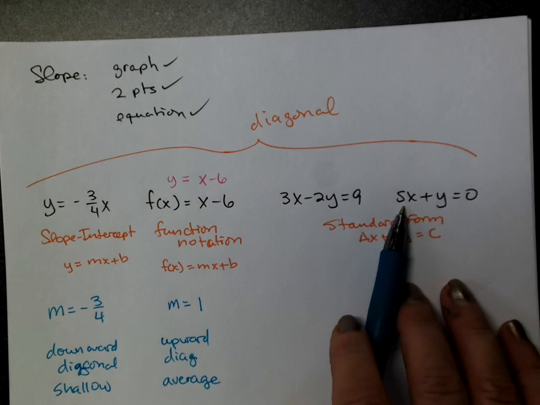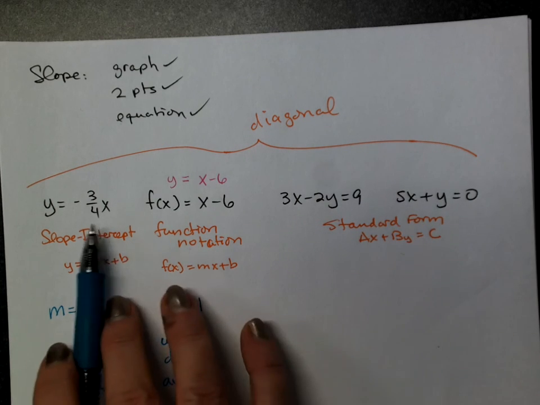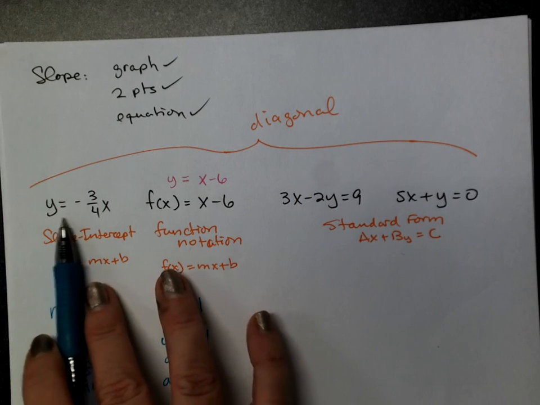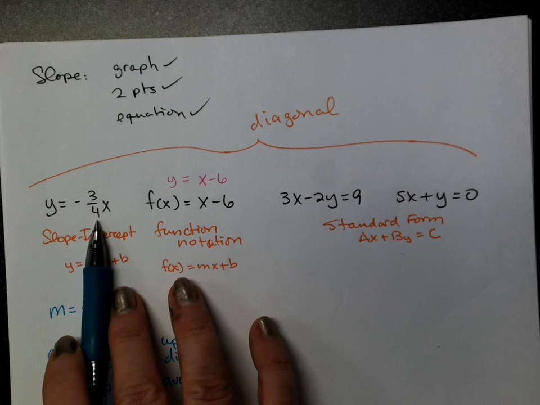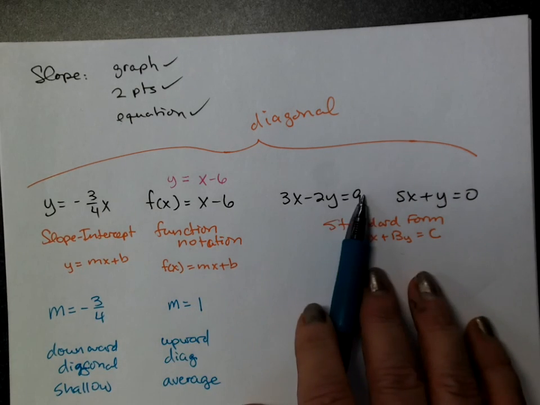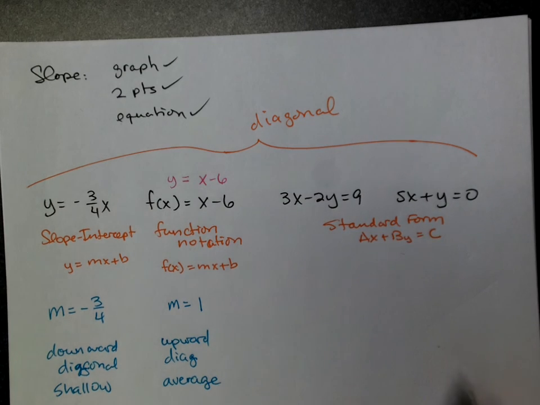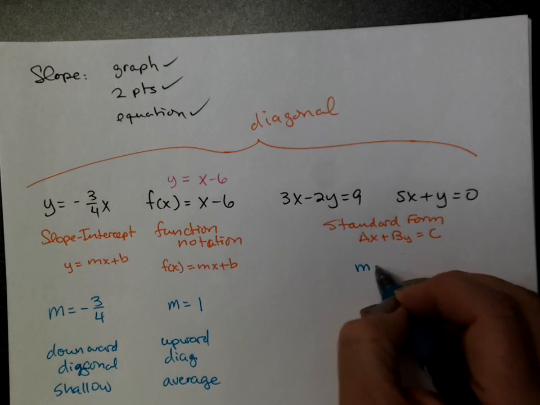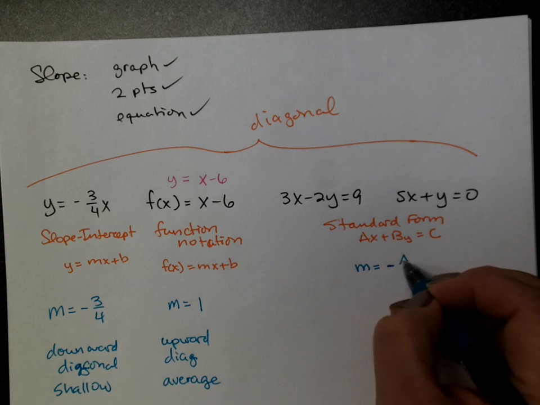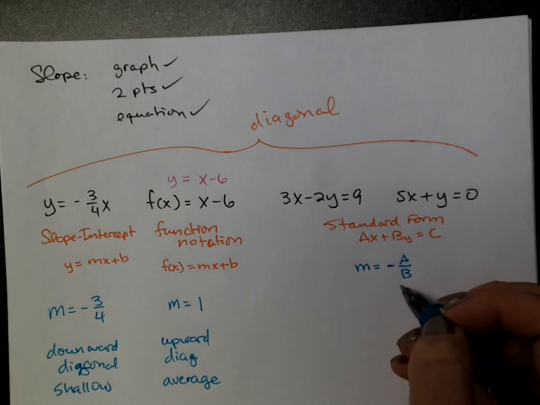It flips the sign of things. When it's solved for y, that is the slope as is. But when it's in standard form, you can find the slope, you just have to use this formula: m equals negative a over b.